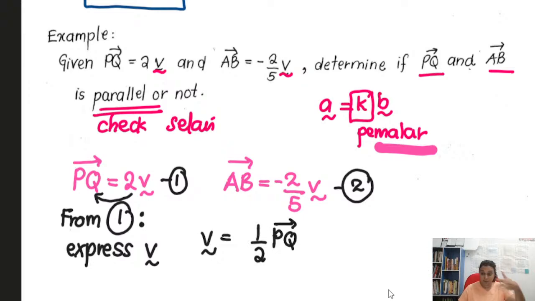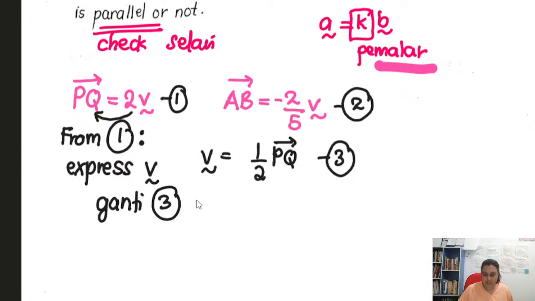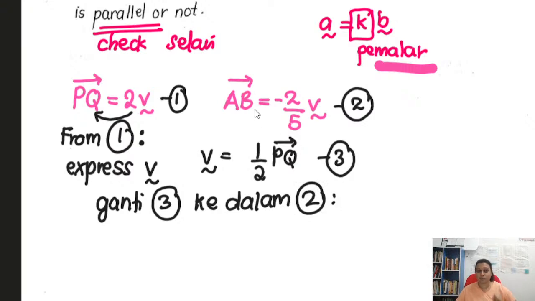Because when you bring it to the other side, it is divide already. Then what you do? This one you write as equation 3, persamaan 3. Kemudian you substitute 3 into the second equation. So it will look like this.